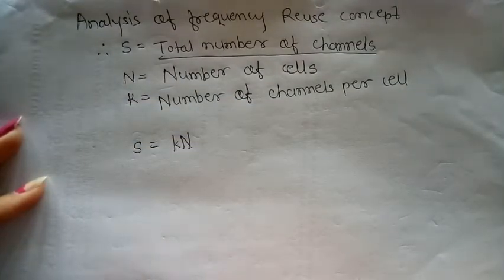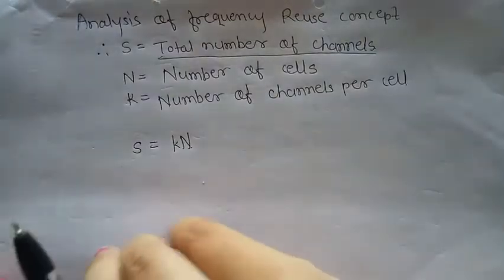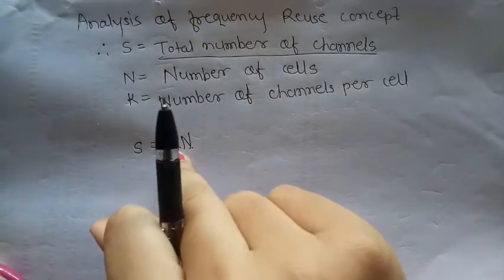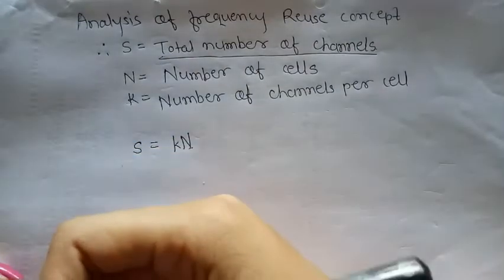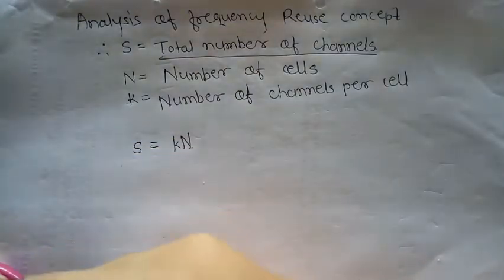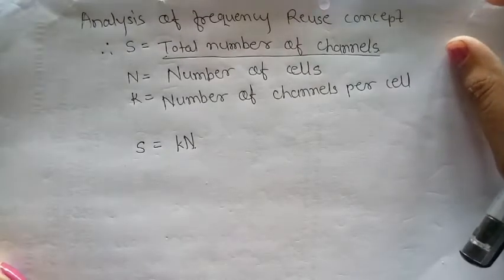A group of cells is called a cluster. In that group of cells, some cells use the same frequency, but not simultaneously. The same concept is used here. The N cells collectively use the available frequencies from F1 to F3, as we discussed in the previous lecture, and it is called a cluster.